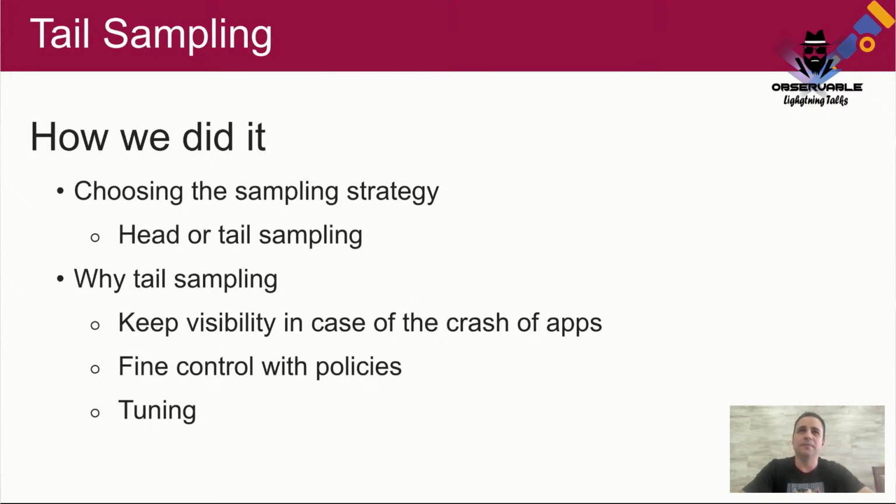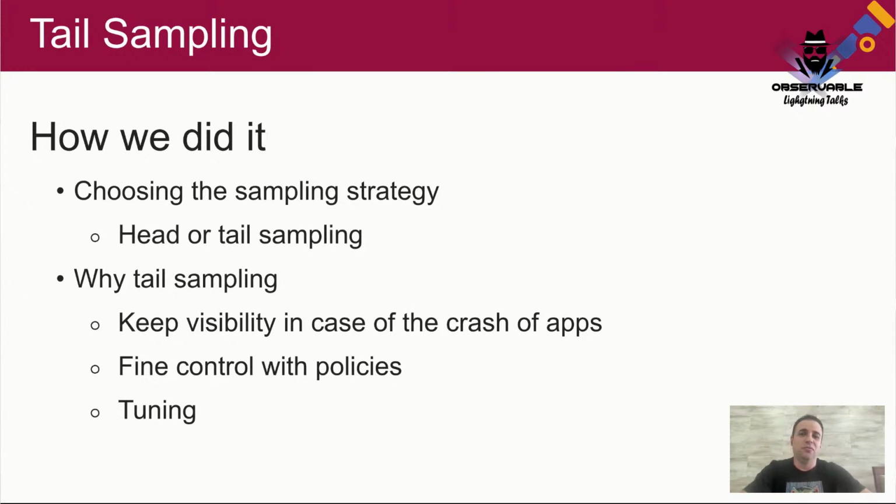For example, when the transaction is started, the decision to store this data or not is taken at the beginning of the transaction in the head sampling case. So it can bring some problems because we want to understand the full context at the moment that some problem can happen.